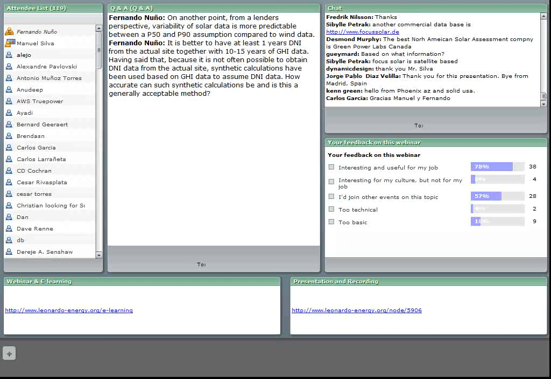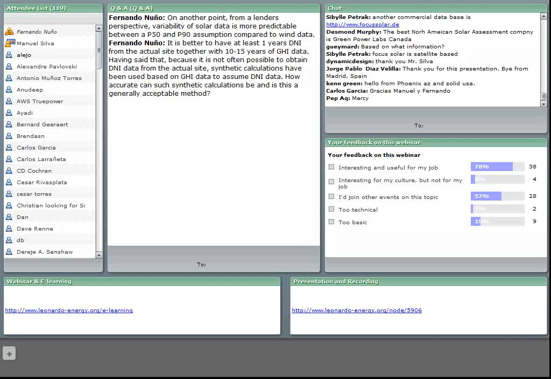I would say that provided that the measurements are good and that you use the appropriate models, the error would normally be between plus minus 5 and plus minus 10%. It depends on the models you use and on the characteristics of these models.